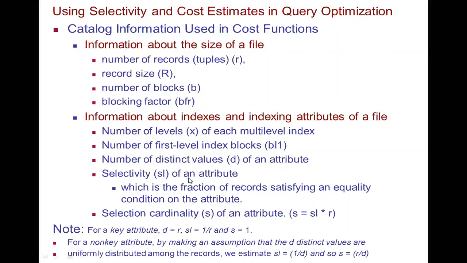And the selectivity of an attribute: which particular attribute can be used for effective access. It is the fraction of records satisfying an equality condition on the attribute. So which attribute can be considered for quick access? When you are using a particular attribute for a search operation or any other access in the table, it is better to go for a unique value. That is why we always try to use the primary key for accessing a particular record.